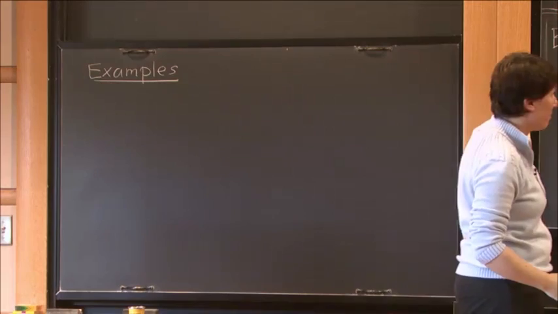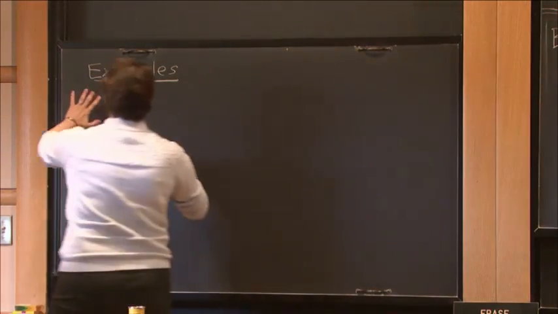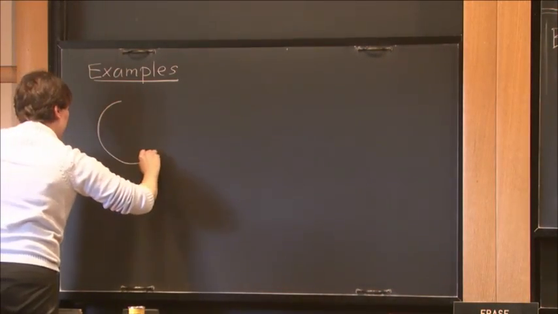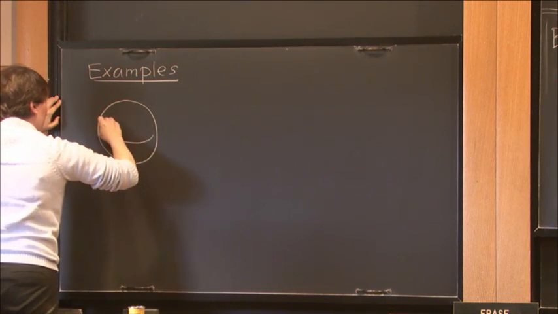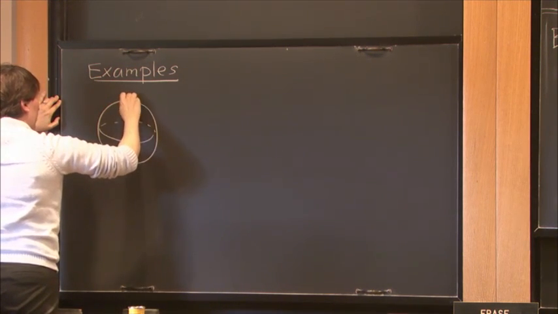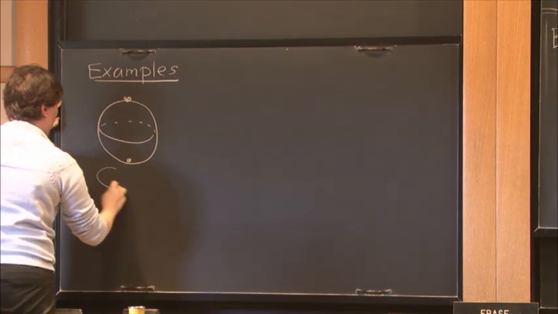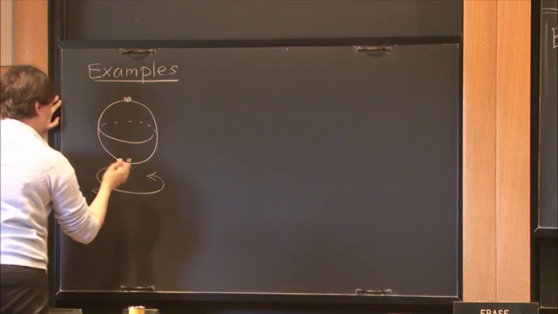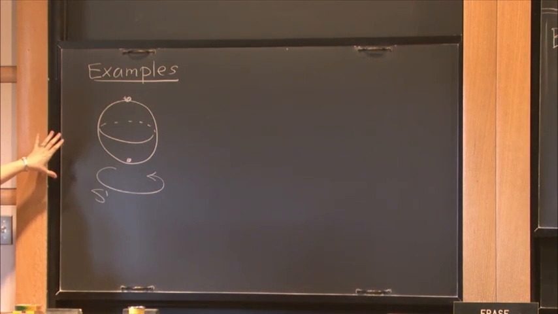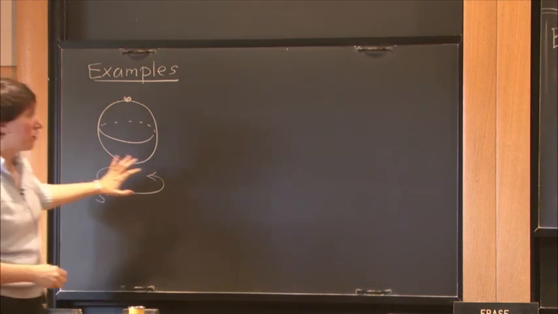The first example is just S1 acting on S2. That is Hamiltonian.